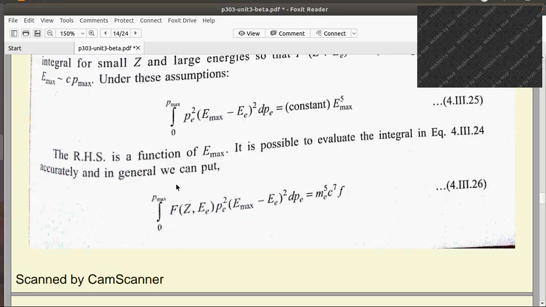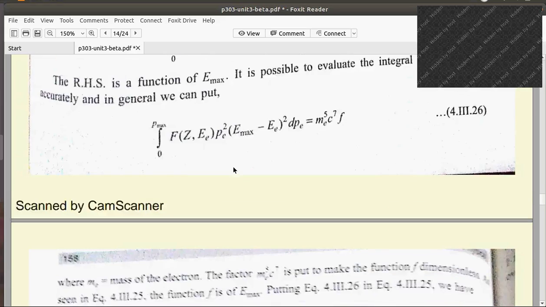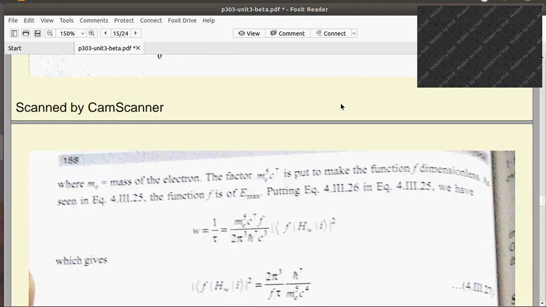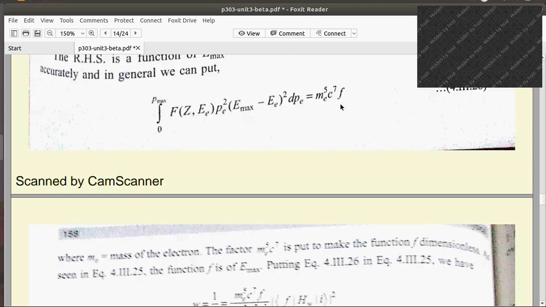Instead of that, if we take a general value of f, the answer comes out to be m_e^5 c^7 f, where m_e is the mass of the electron. The factor m_e^5 c^7 is used to make f dimensionless, and this function f is a function of E_max.